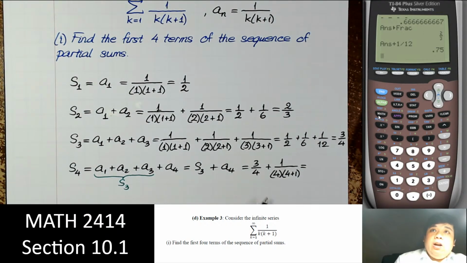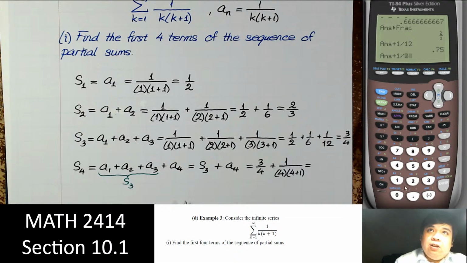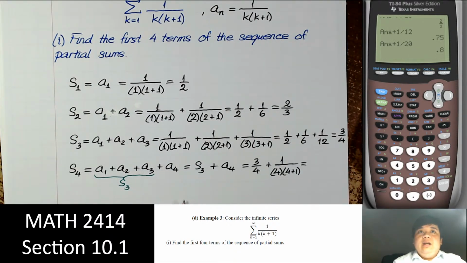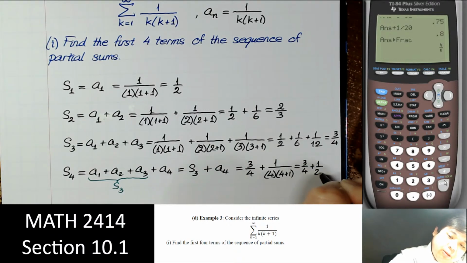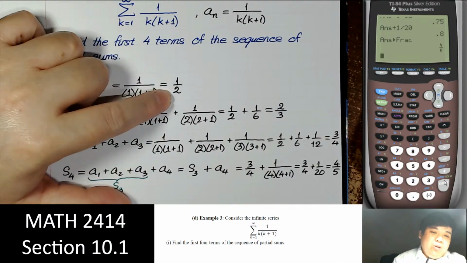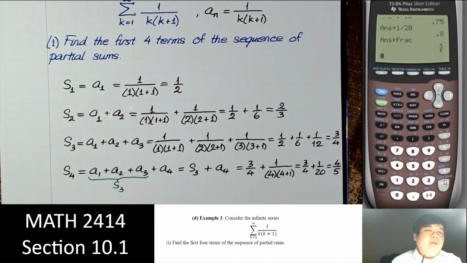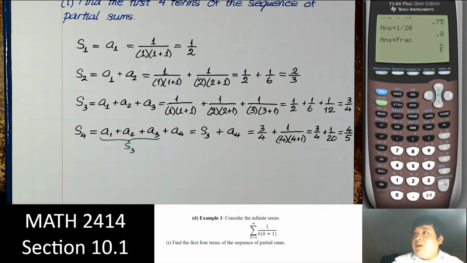So 3/4, which is what we have here, plus 1 over 20, which is 4/5. Now, isn't this nice? By nice, I mean 1 over 2, 2 over 3, 3 over 4, 4 over 5, 5 over 6, and so on. Now, if this continues, what do you think the sum will be?